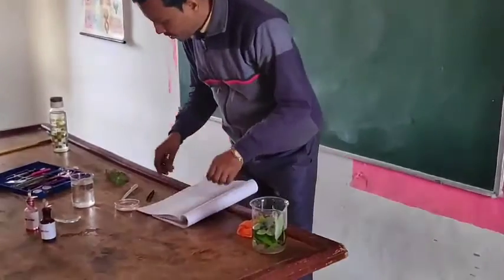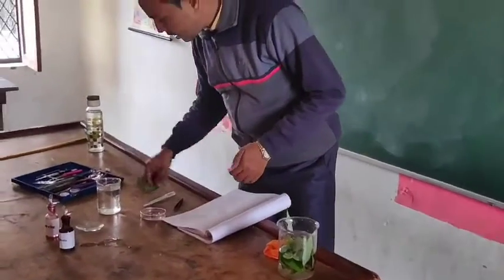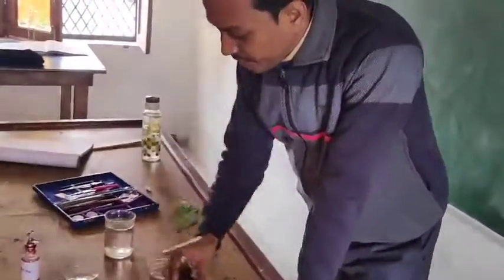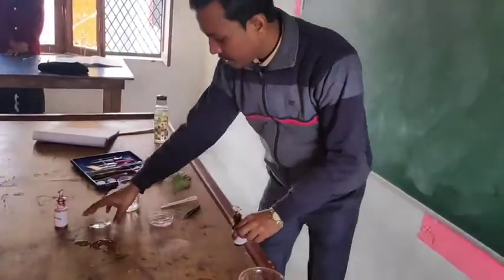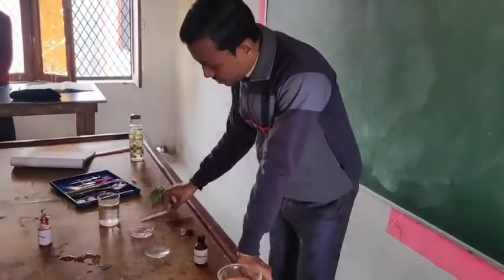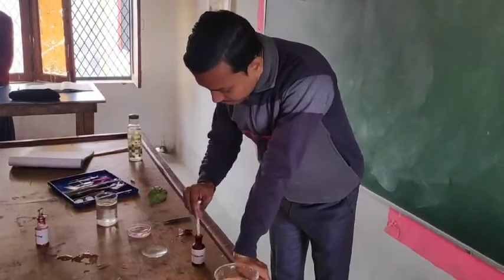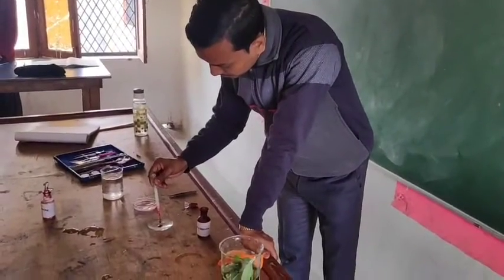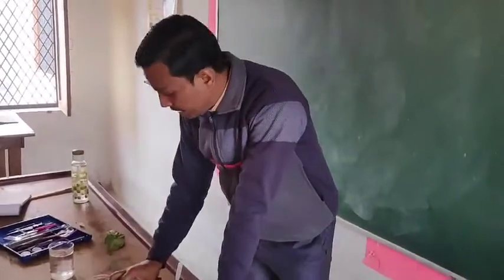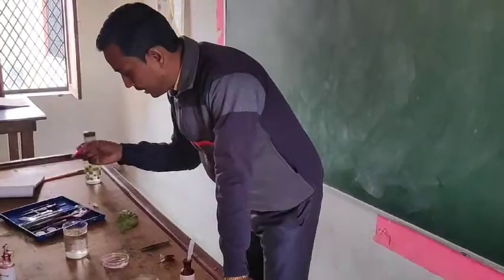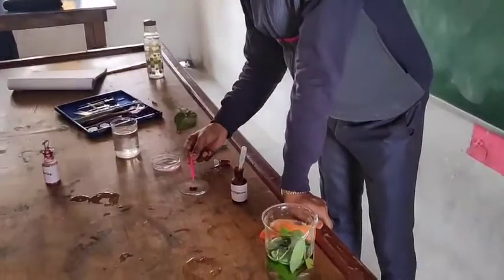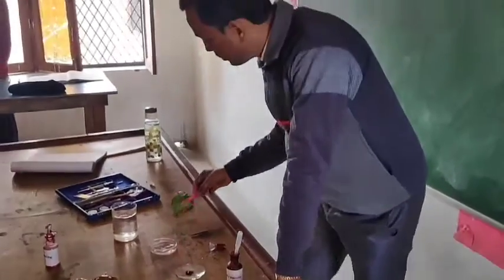First of all, we need to take the leaf peel into the safranin containing watch glass. This is the watch glass, a petri dish. Listen carefully, take a very little amount of safranin, and with the help of a needle, we transfer the leaf peel into the safranin containing medium.